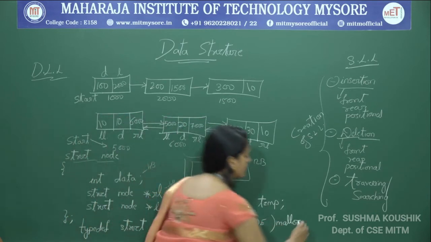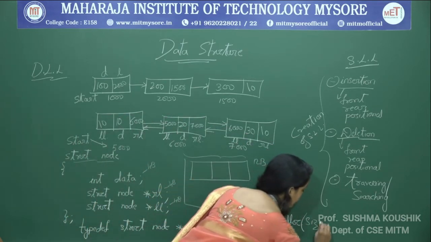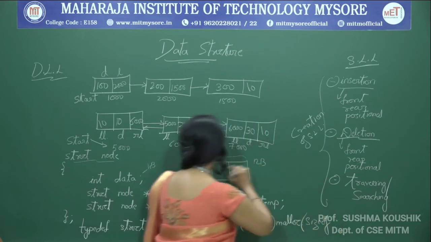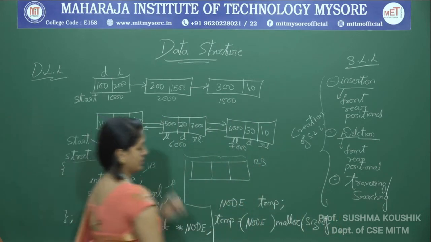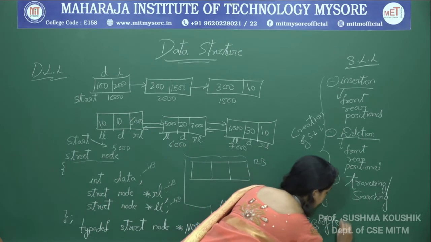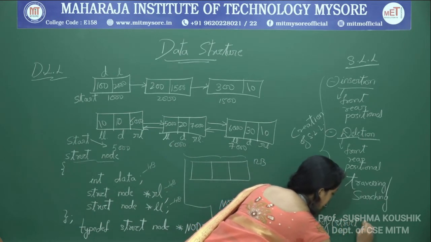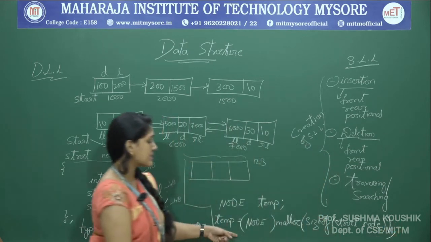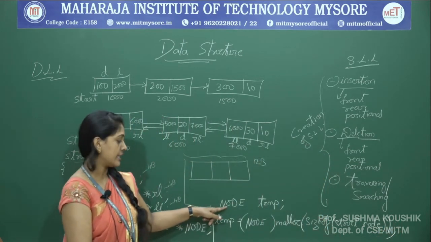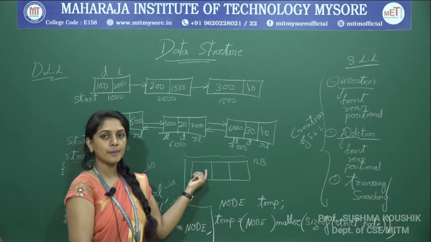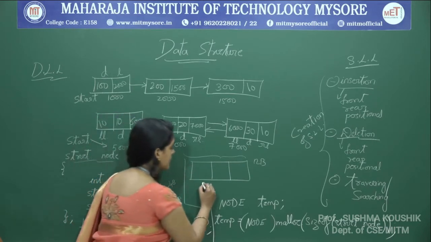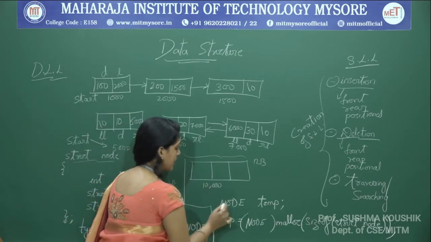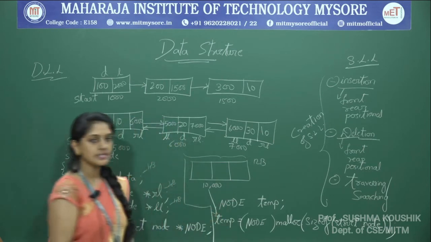So, now malloc sizeof, either you can write node or you can write struct node. So, now this line is helping us to create this particular memory block, and if this address is something like 10,000, now 10,000 comes and sits in the temp.